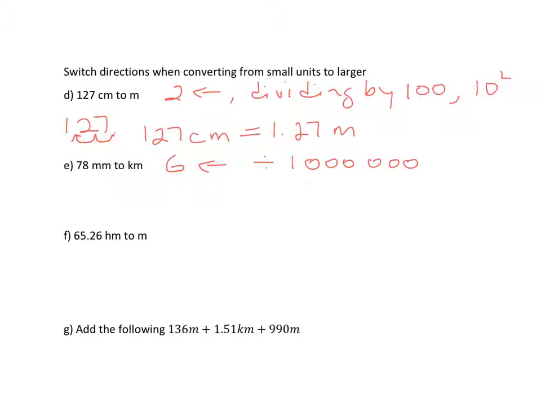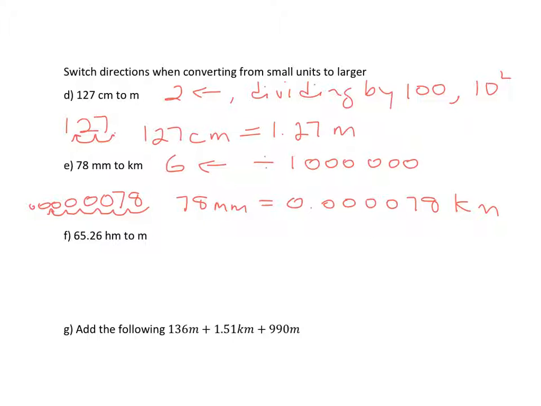So I'm going to write out that 78, and since I'm dividing, I'm going to put a bunch of zeros in front of it, and then start moving the decimal place. So 1, 2, 3, 4, 5, 6. So 78 millimeters is equal to 0 decimal, and 4 zeros, 78 kilometers.